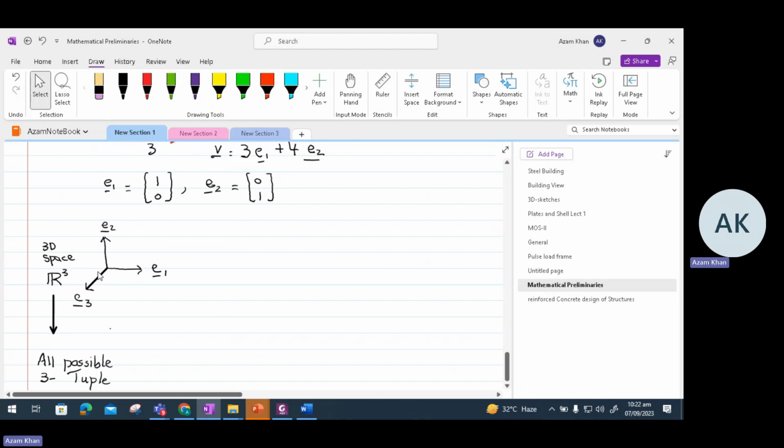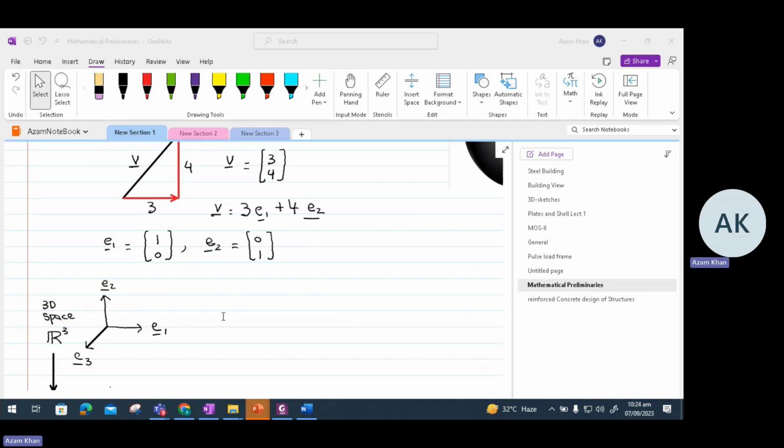However, there can be vectors which have more than 3 components. It can have 4 components, 5 components, although our imagination won't capture it. Why? Because we can only imagine 3D spaces, but we can have an infinite number of components of vectors. In other words, if our components are more than 3, we won't be able to capture them.